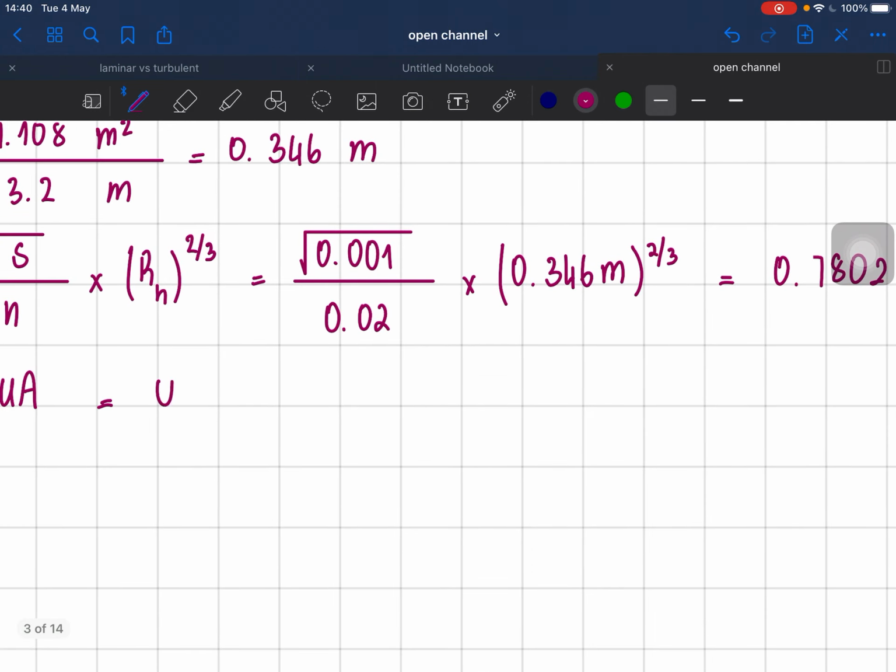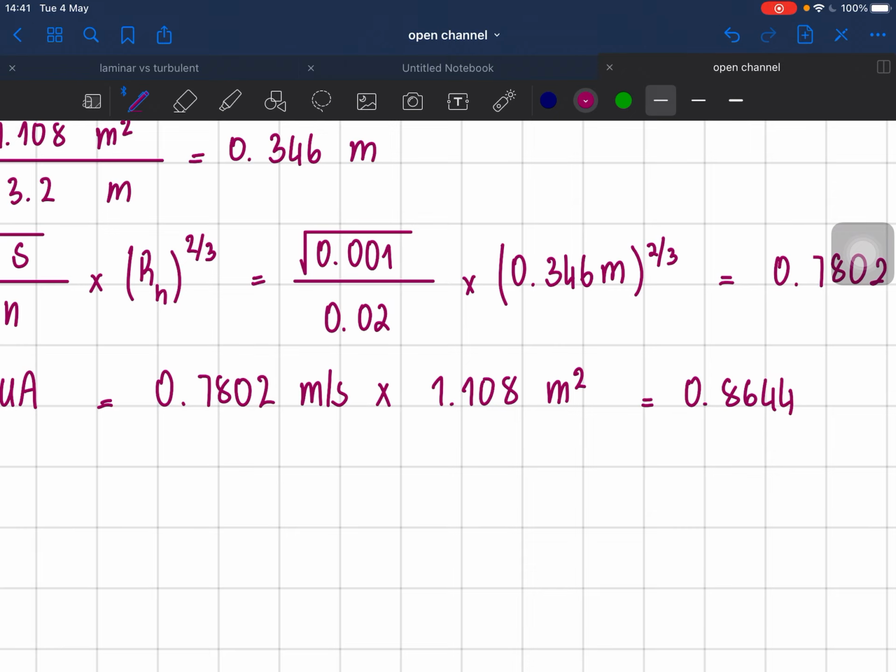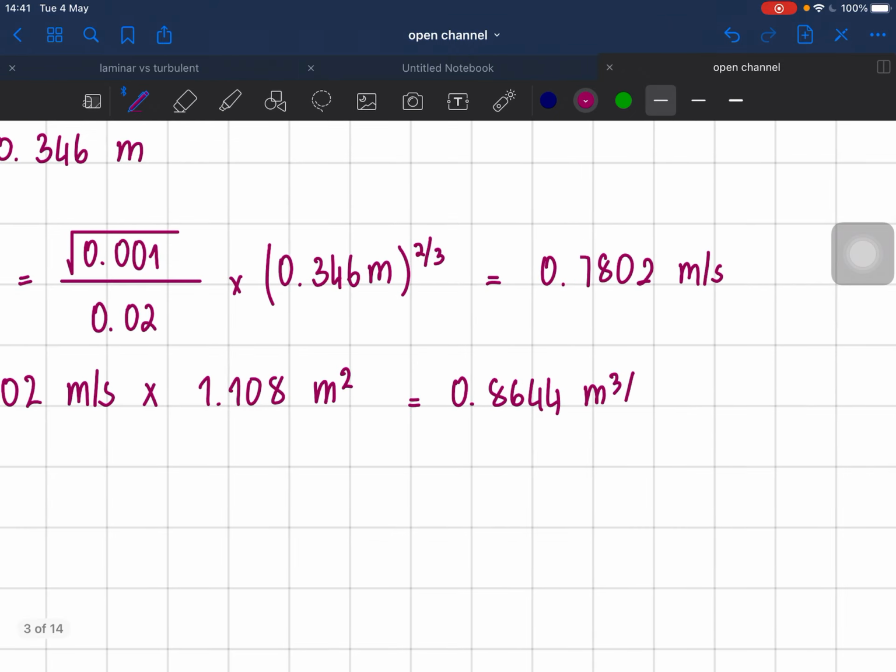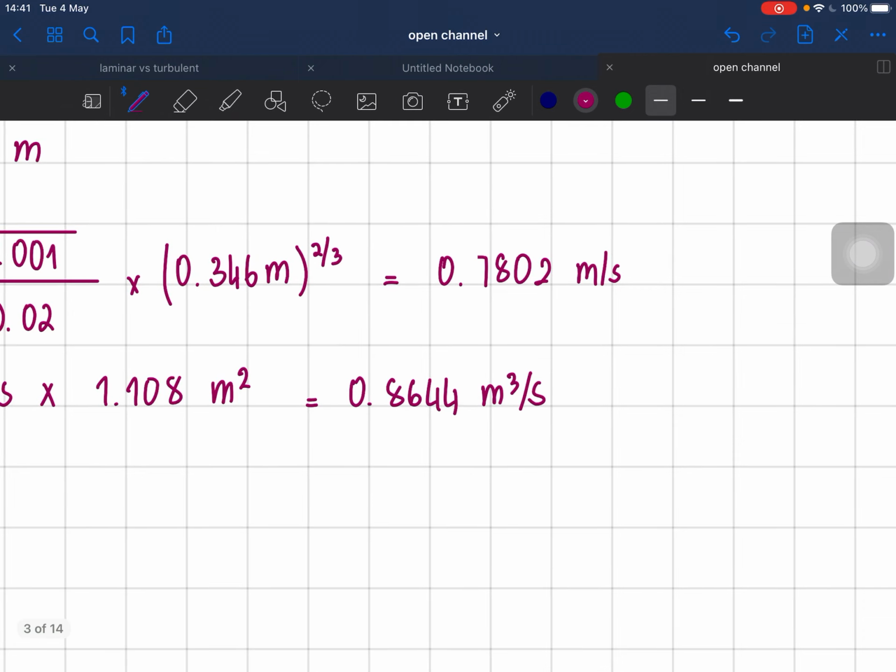Okay, U we just found earlier, 0.782 meter per second, times A, which we found earlier, 1.108 meter squared, and the answer is 0.84644 meter cube per second. So this is less than 1.5 cubic meter per second, that is given in the problem.